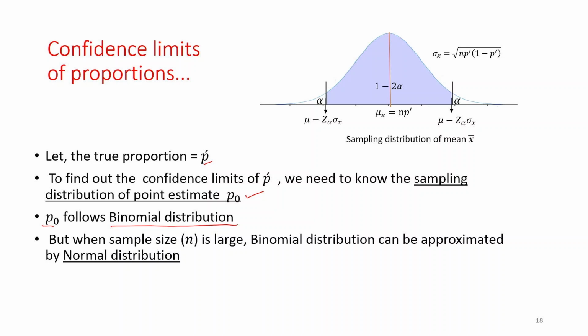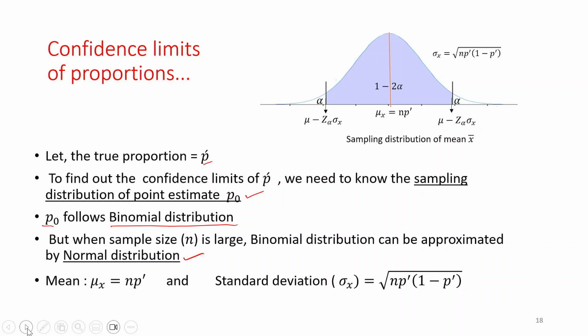So here also it is similar, and hence P, the proportion, is going to follow a binomial distribution. But when the sample size is very large, the binomial distribution can be approximated by a normal distribution, provided n is very, very large. There is a proof behind this, which we are not going to discuss here.